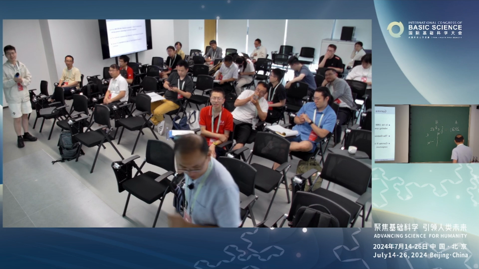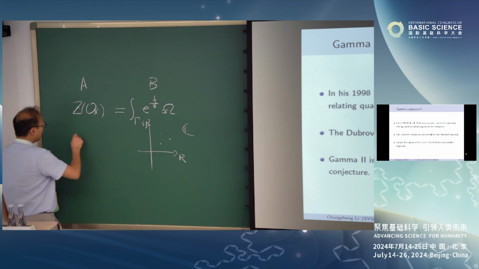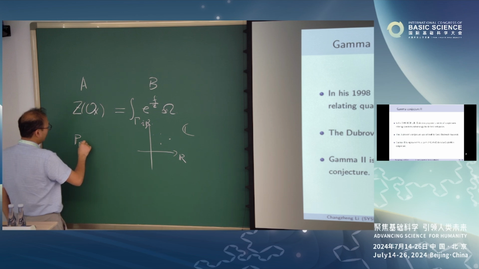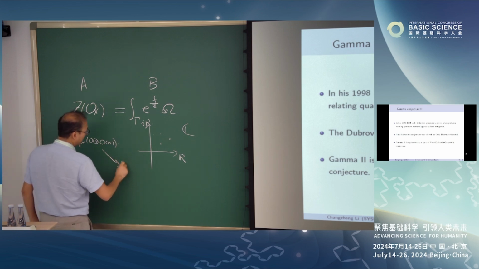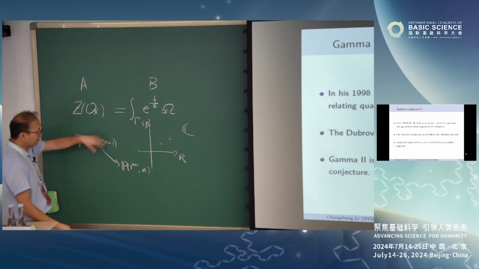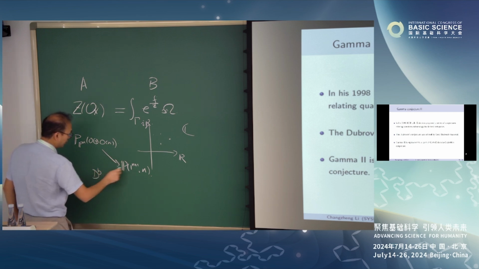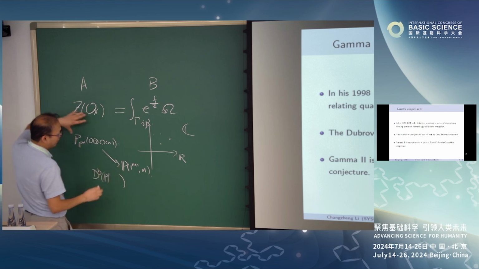So the result from here, this is P^n plus O(n). The idea is like that. The derived category here is some kind of graph.